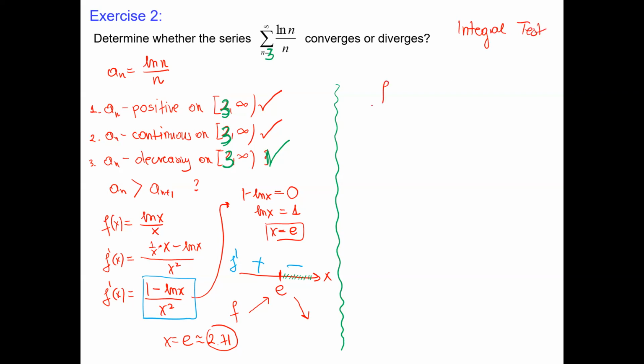Okay, let's integrate. From e will be maybe easier. From e to infinity, from 3, it's fine, but for the integral I can use e. I can use 3, 5, 6, the same thing. Natural log of x over x. We need the limit, as t goes to infinity, of the integral from e to t of natural log of x over x.